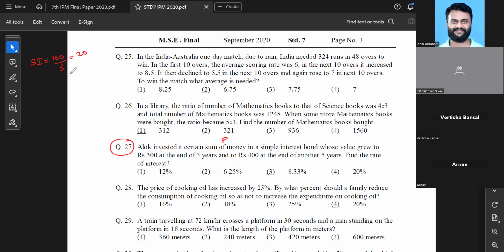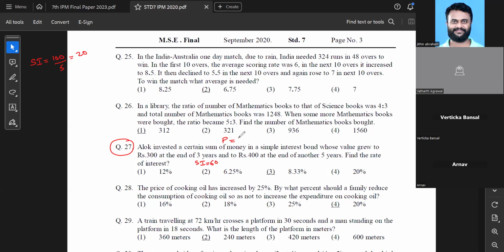So that means 20 rupees is the simple interest in 1 year. So if at the end of 3 years this guy has a total of 300, which is principal plus simple interest, how much is the simple interest for 1 year? 20, which means for 3 years, the simple interest will be 60. As simple as that.